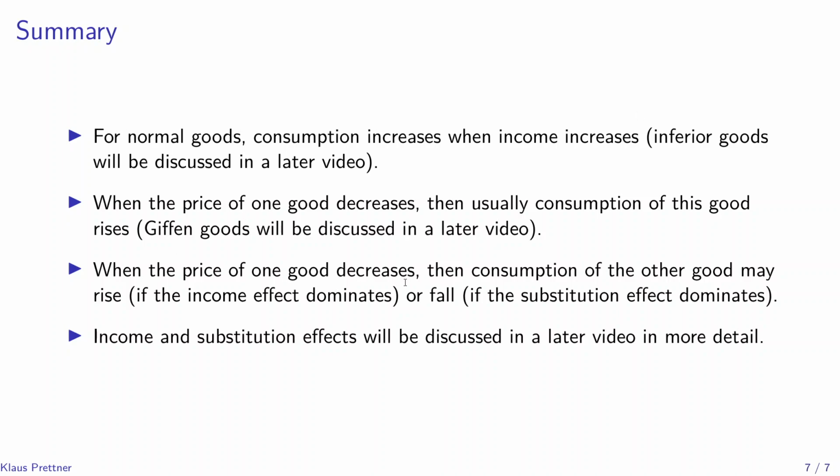When the price of one good decreases, the consumption of the other good may either rise, which is the case when the income effect dominates, or fall, which is the case when the substitution effect dominates. Both of these cases can emerge for normal goods. Income and substitution effects will also be discussed in more detail in a later video.